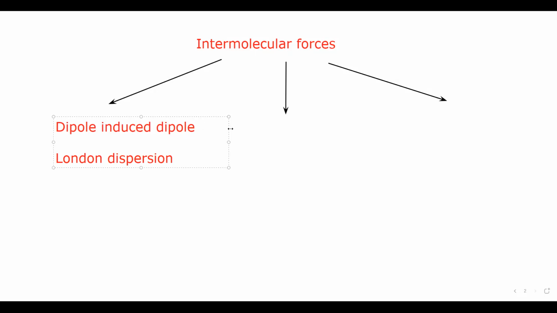It can be dipole-dipole force, or it can be a hydrogen bond. So these are the three types of forces which can exist between the molecules. It might have a dipole-induced dipole or London dispersion force, also known as van der Waals force or weak van der Waals force. Another one is dipole-dipole force, and the third one is known as hydrogen bonding.